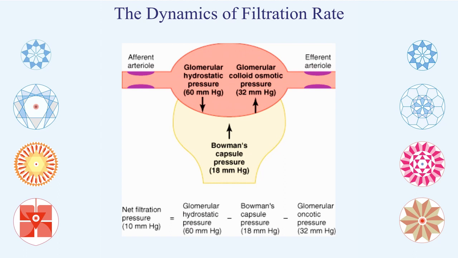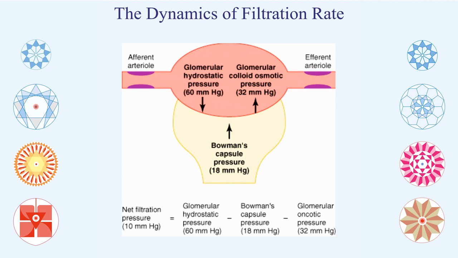As far as glomerular colloidal osmotic pressure is concerned, colloids are those osmotically active particles which can produce pressure. These are proteins, primarily albumin, in the blood. As a result you have 32 millimeter of mercury as a pressure, which keeps the blood within the capillaries, while the water, being small, passes through.